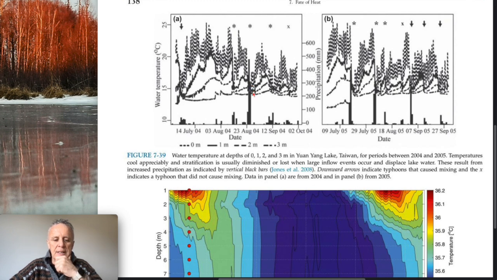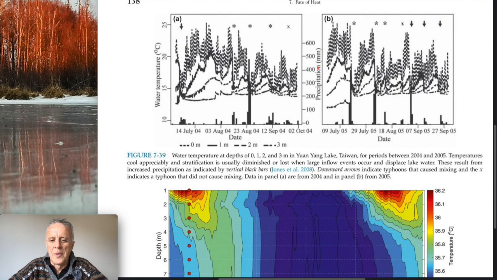And then as well, they are saying that downward arrows and the X indicate typhoons. The X indicates a typhoon that did not actually cause a collapse of the thermocline for some reason. Then here we have the precipitation rate, with different time periods, this is in 2004 and this is in 2005.